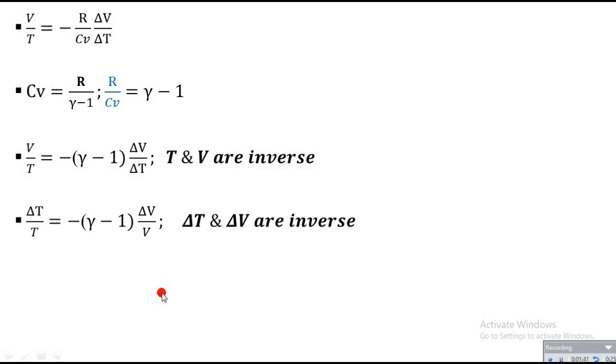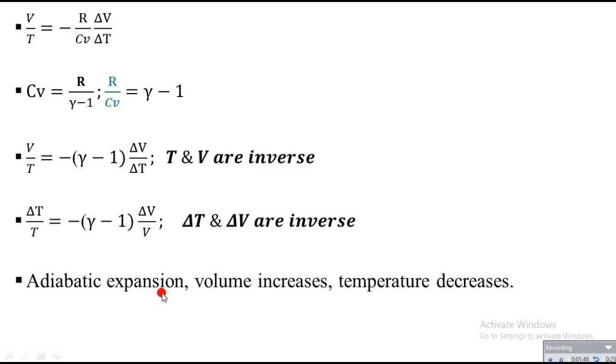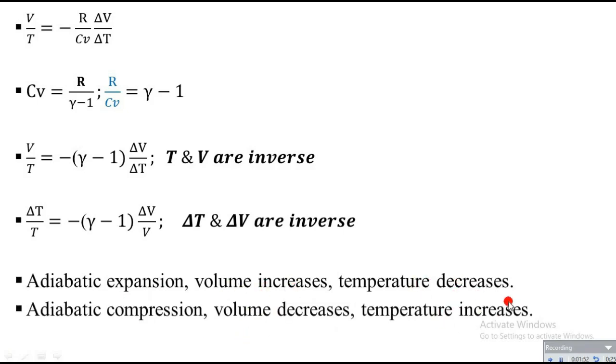That's the inverse relationship. Then during adiabatic compression, the volume decreases, the temperature is increasing. There is an inverse relationship between temperature and the volume during adiabatic processes. That means also there is an inverse between the change in temperature and the change in volume.